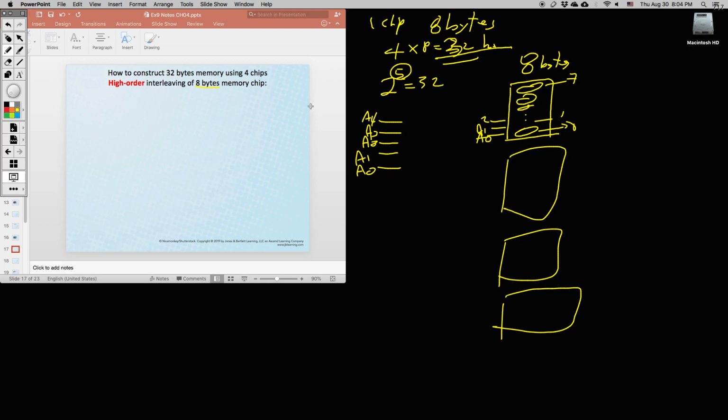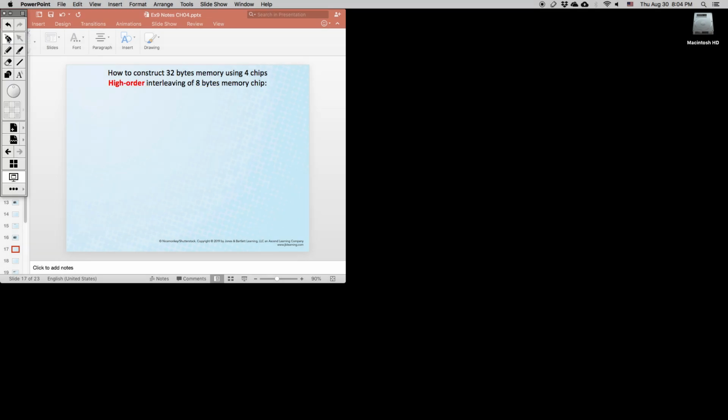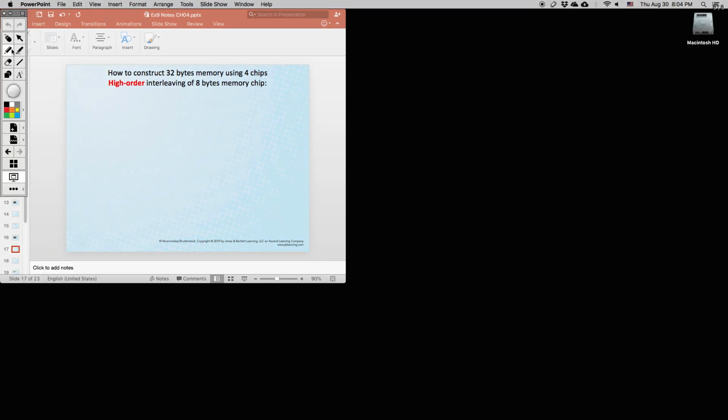That's a memory organization to make a bigger memory from multiple smaller ones. In this configuration, we have two ways of doing so, high order and low order. Let's take a look at what high order is. Consider that we have four chips, and each chip has only 8 bytes.